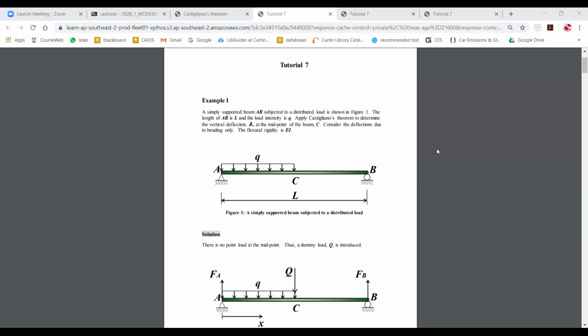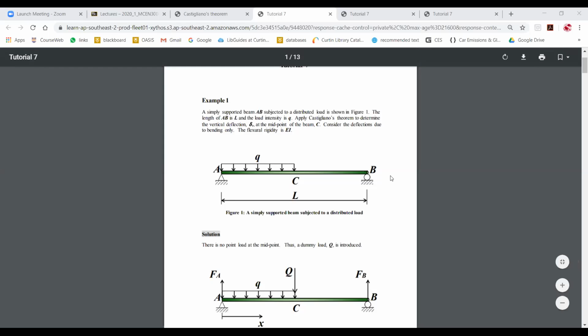So you need to find out FA and FB. For that, you just use the Q load. You don't have to worry about the indeterminate condition, because you know the total load of Q, simple Q. Then you can find out FA and FB. Am I right?